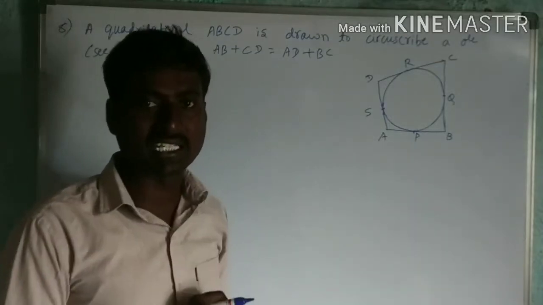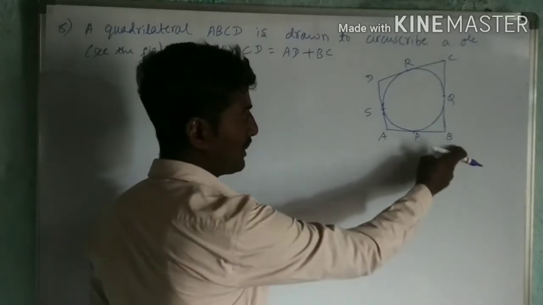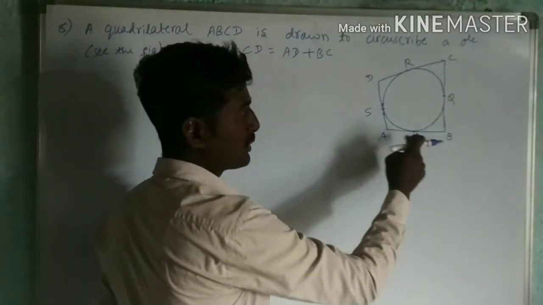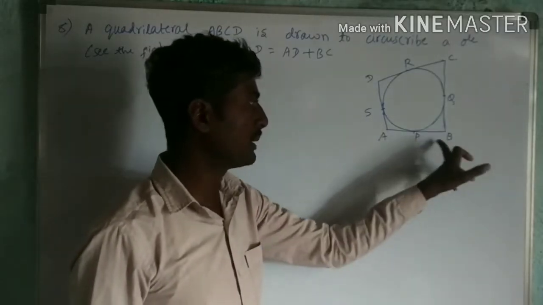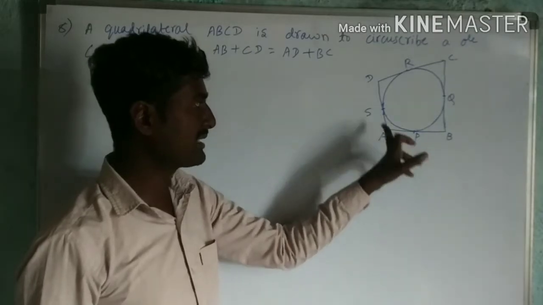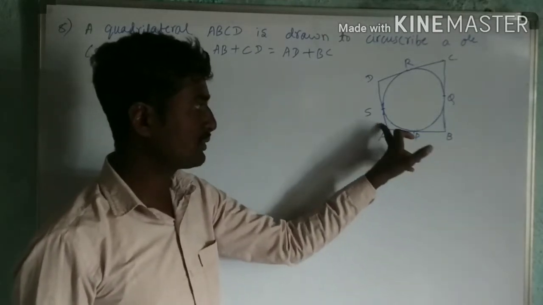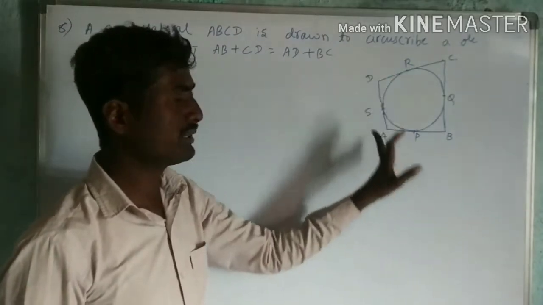We proved this in the second theorem. So CR is equal to CQ. Similarly, from the point B we can draw two tangents to the circle, BQ and BP, so BQ is equal to BP. From the point A, the tangents AS and AP are equal in length. Similarly, for point D, DR is equal to DS.